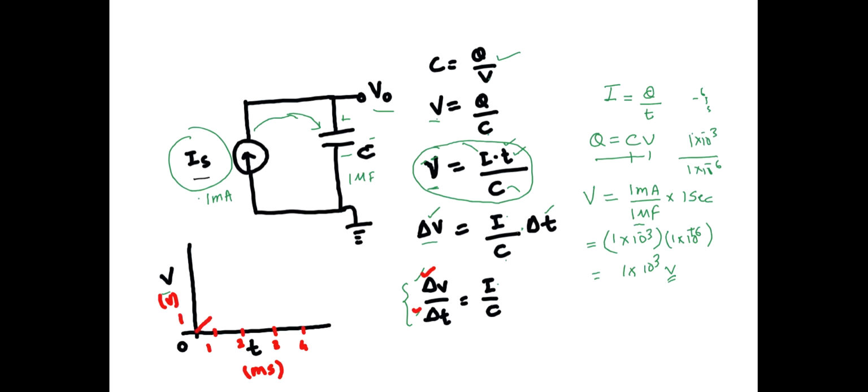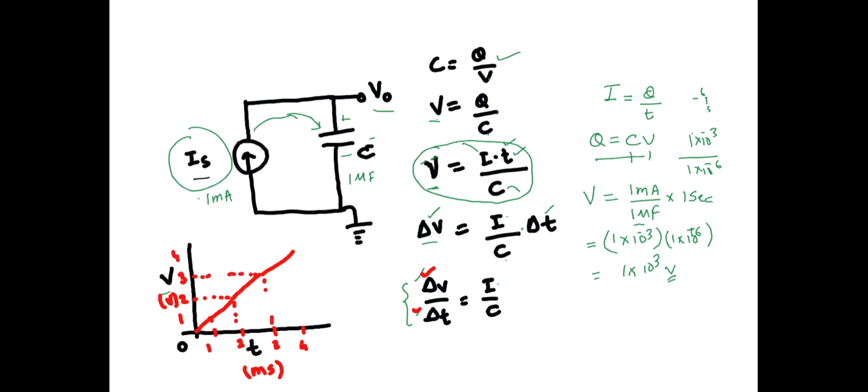At 2 milliseconds it will be 2 volts, at 3 milliseconds 3 volts, and at 4 milliseconds 4 volts. So it is a linear relationship between the voltage across the capacitor and the charge.